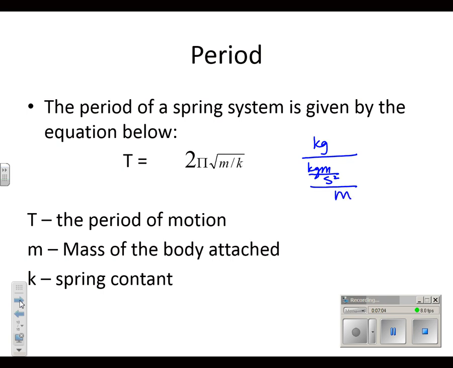So you end up with the kilograms canceling out, and the meters canceling out, and those seconds are on the bottom, so you end up with seconds squared, square rooted. So you end up with this being in seconds, this being in kilograms, and this being in newtons per meter. So that'll allow you to cancel everything out.